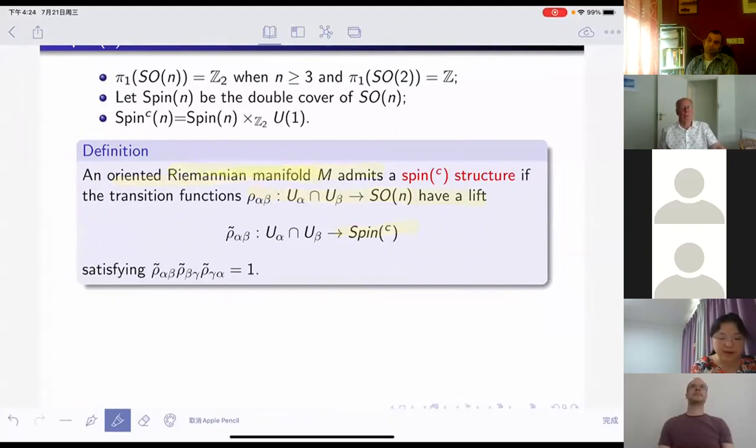This Riemannian and orientation condition guarantees that one can always adjust the transition function to take values in SO(n).